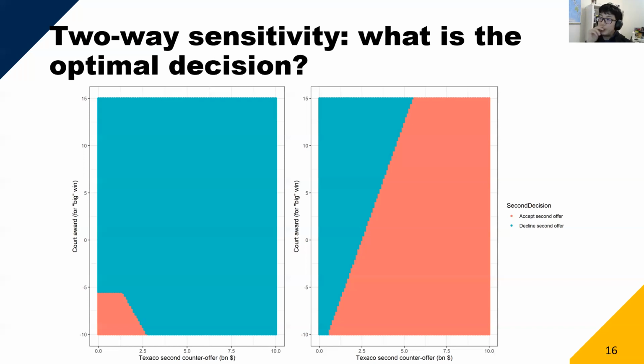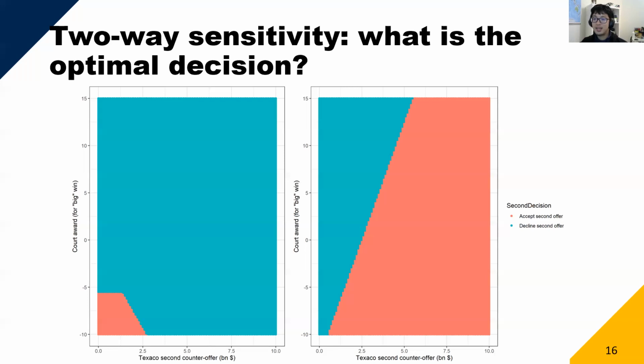If we think back to that decision tree and this fundamental question of, I don't actually know all of the information about how much money I would get paid if it went to court, or how much the second counter offer would be. One of the things you can do is by creating these maps, you can say, well, look, I can see that across values that I think might be reasonable for what a court might award, or for what the second counter offer would be, most of the time my decision should stay the same, right?